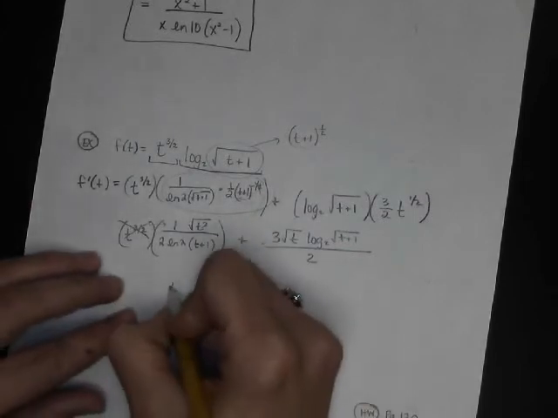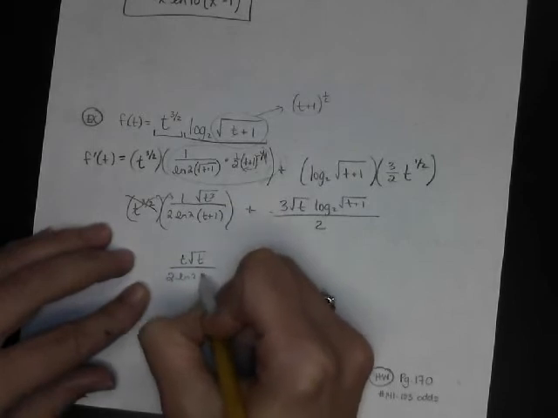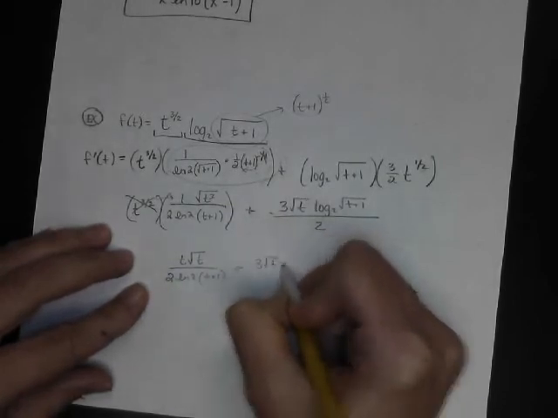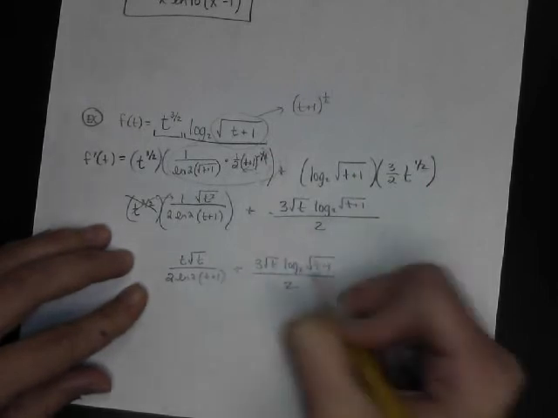Which then we can make t root t over 2 ln 2 (t plus 1), plus 3 root t log base 2 of root t plus 1 all over 2.